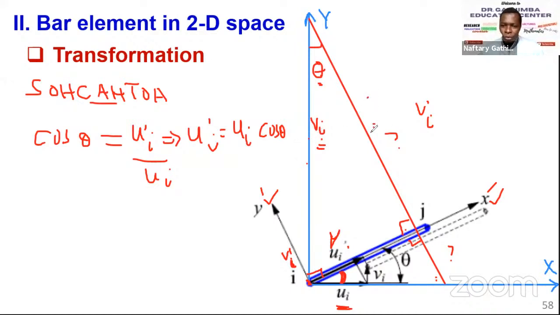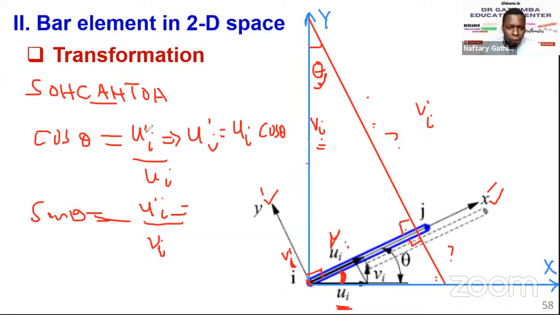Adjacent here is not known, so I don't need the adjacent. I need to use the hypotenuse and the opposite, which is sine. So again, sine theta is equal to opposite, which is U prime I over VI.